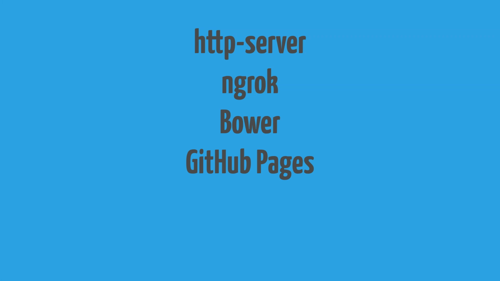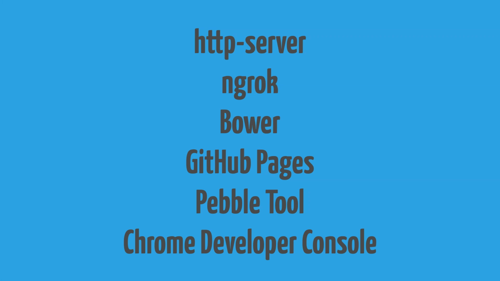There are a couple of other tools that we'll be learning about today, and those include HTTP Server, ngrok, Bower, Github Pages, the Pebble Tool, and the Chrome Developer Console. We're going to be learning about all these different tools and how to use them to make configuration pages a lot easier. So let's go ahead and get started making this configuration page.